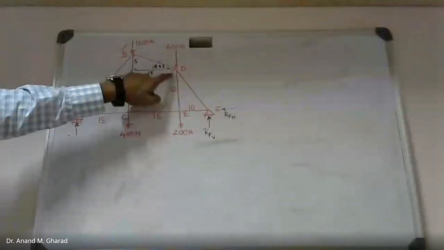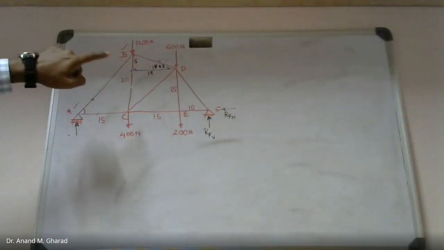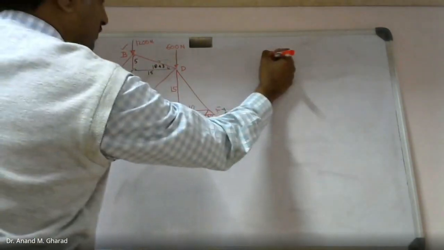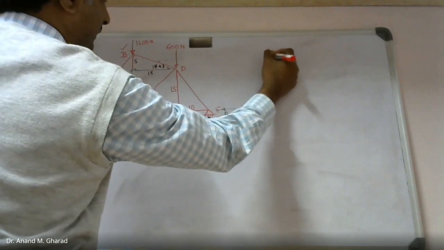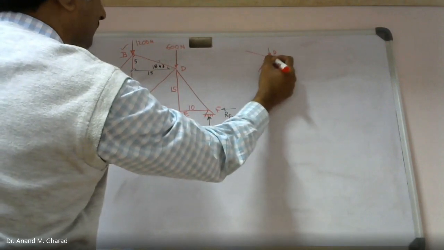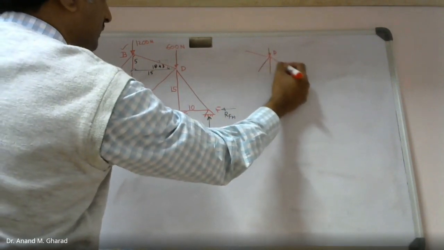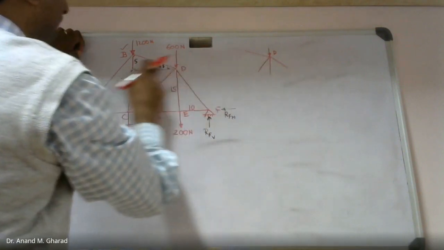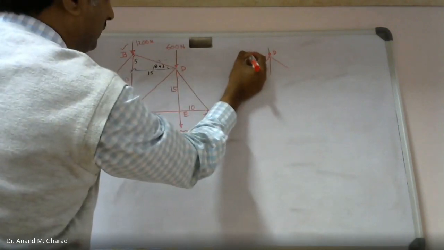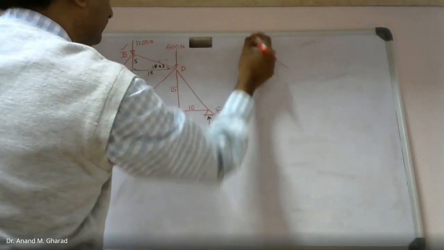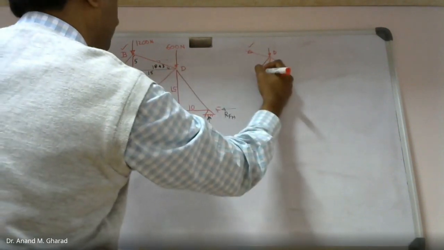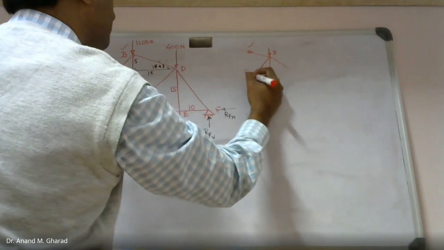If I consider joint D, how many unknown forces do you observe or unknown members do you observe? Let's say joint D, and I will draw the free body diagram. So this is the one member, this is another member, this is perpendicular member, and this is another inclined member. We had calculated force in member BD, which came out to be compressive force. Am I right? So this is known value. However, force in member DC, this is unknown.